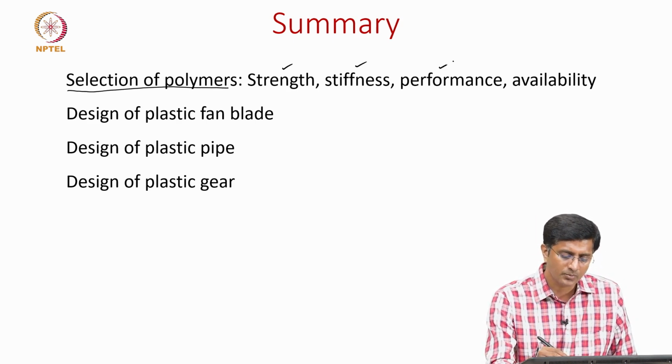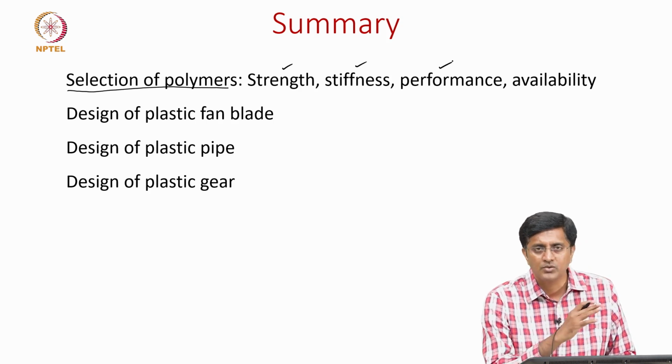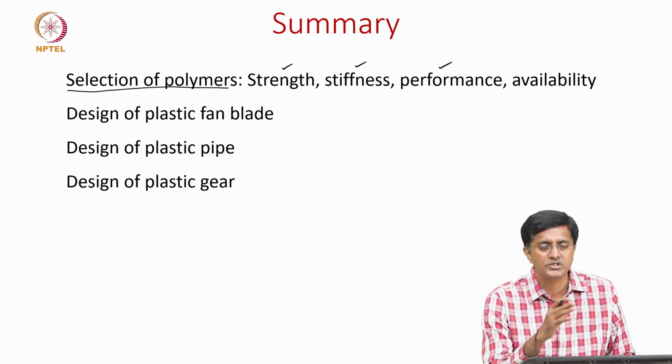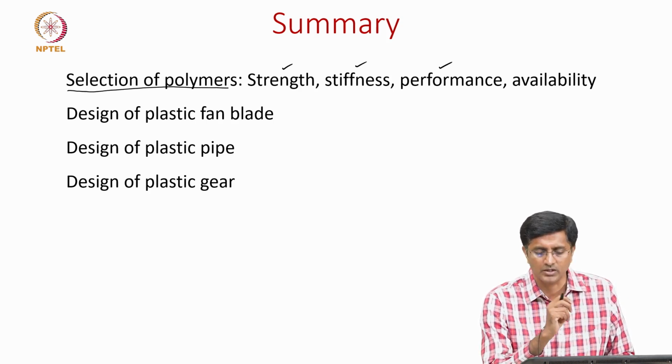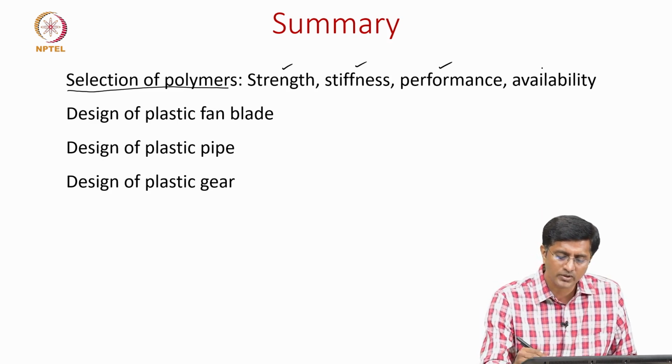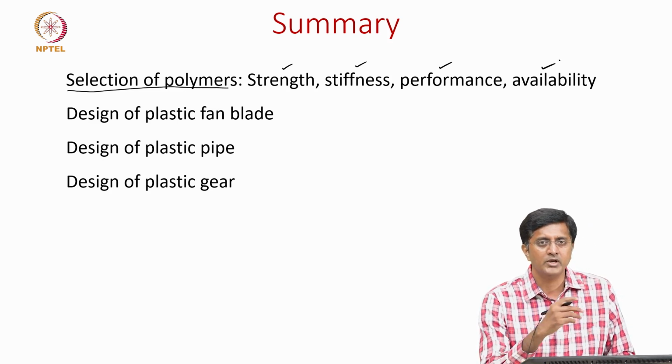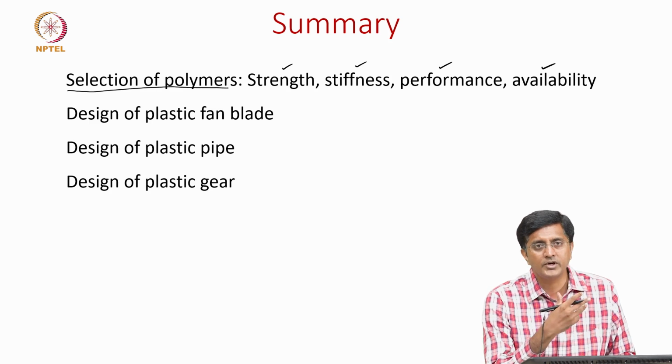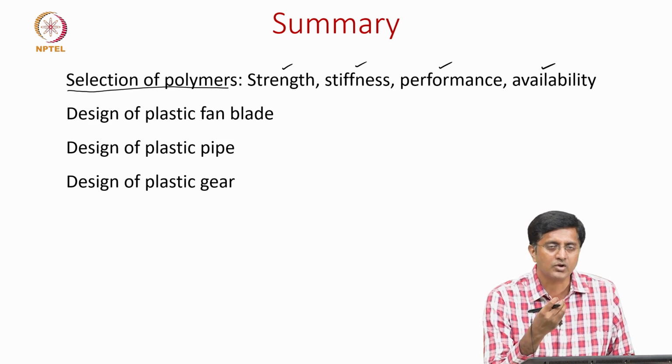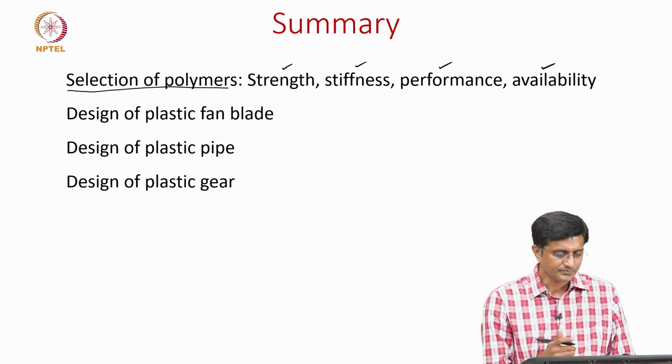We also looked at the performance, saying that for an equal strength or an equal stiffness, which of these polymers will give an optimized cost, weight or other parameters. And we also looked at the availability, meaning the ability to machine these polymers or the availability of these polymers and the cost of preparations.